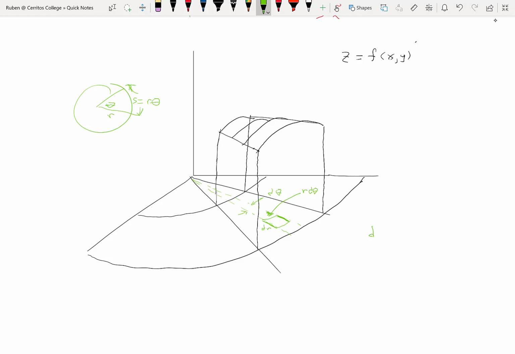So the area of the base, we'll call that dA, is r d theta, the length of the little polar rectangle, times dr. And you might think, well, there's error involved here. This isn't exactly a rectangle.